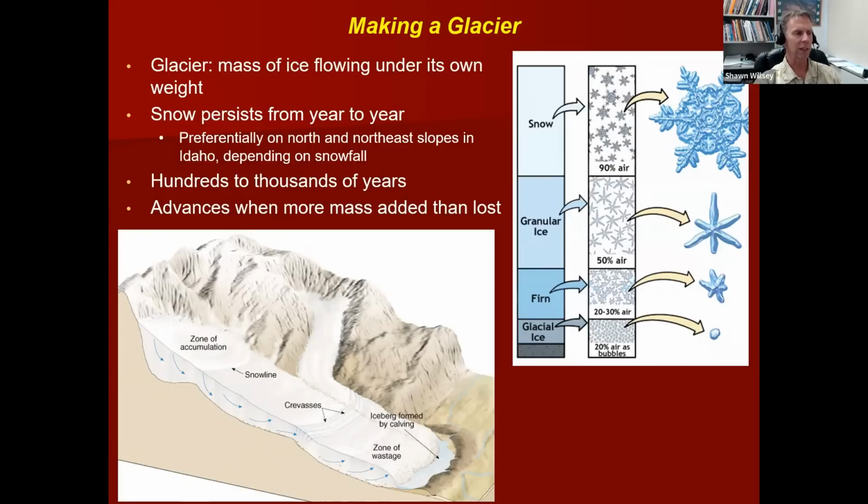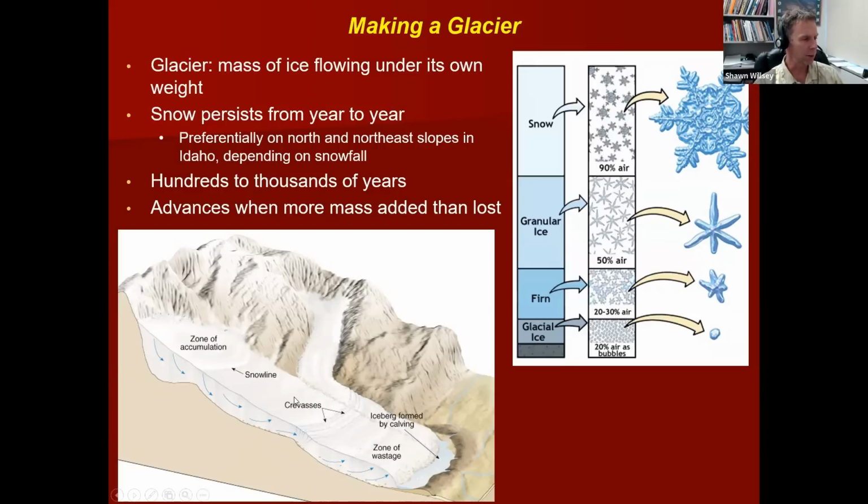If it's facing south or southwest, it's much more difficult to get glaciers, at least in Idaho, to form. Now, obviously, if you have enough snowfall, or if you go further north into Alaska or Canada, you're at such a high latitude and it's cool enough that the sun isn't as big of a factor, and you can get glaciers forming on different slopes with different aspects.